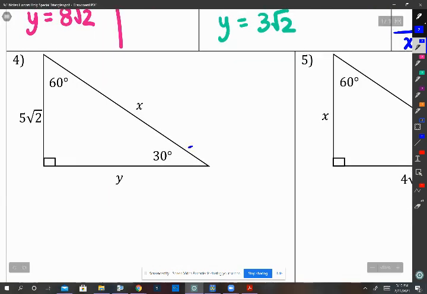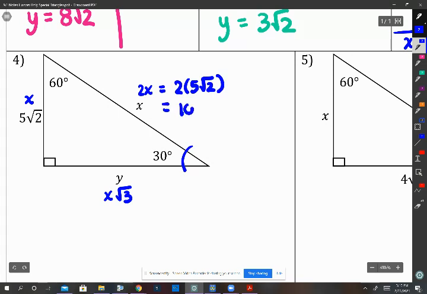All right, we've got another 30, 60, 90. So this is our 30. Remember, this is our x value. This is our 2x value. And then this is x times root 3. That's the ratio. So when I look at this and I say, well, this is 5 root 2, then that means the hypotenuse is going to be 2 times 5 root 2, which makes this side 10 root 2.